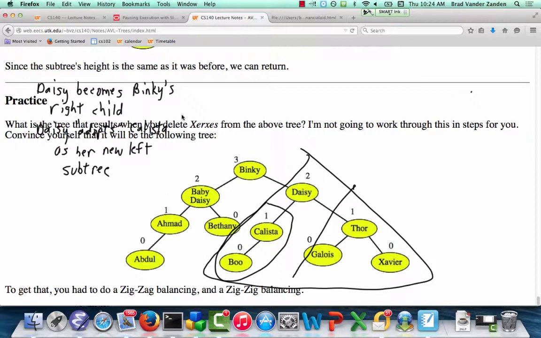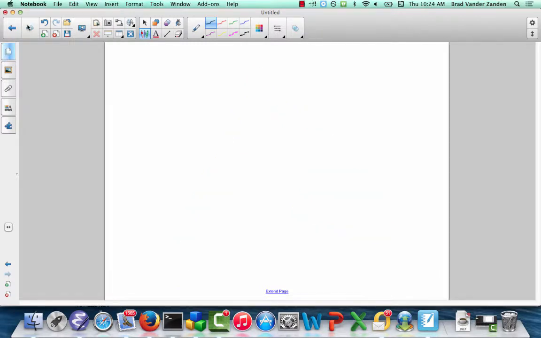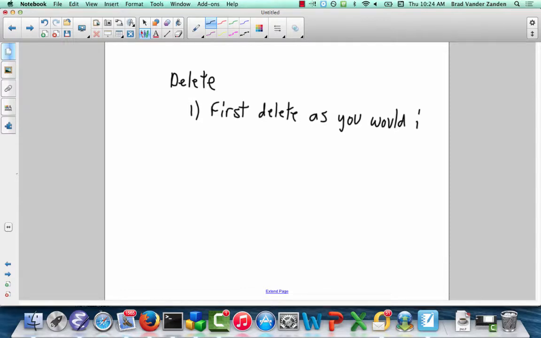So basically, with delete, the idea is that, first, you delete as you would in a binary search tree.